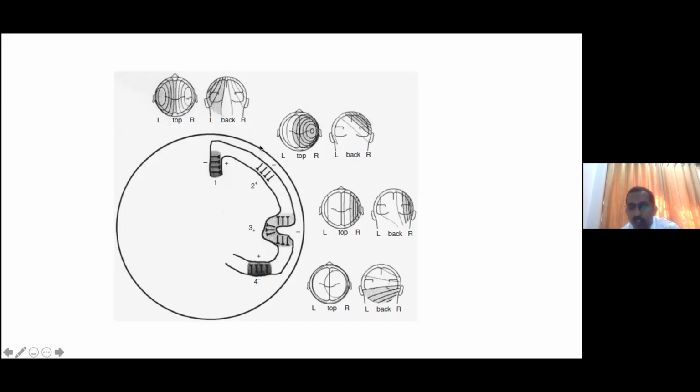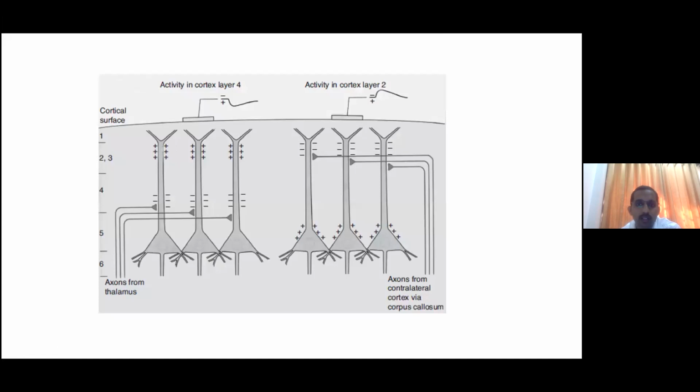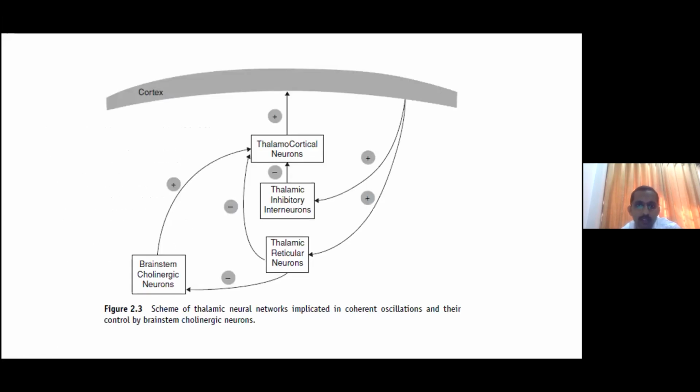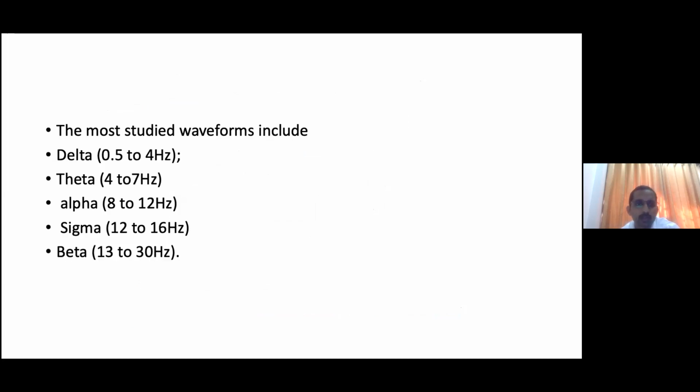Based on these electrical activities from the cerebral cortex, we have different kinds of cerebral activities: delta, theta, alpha, beta. To generate these electric activities, there should be switching mechanisms determining when to generate delta activities, theta activities, or beta fast activities.